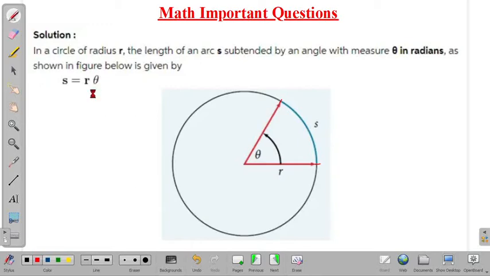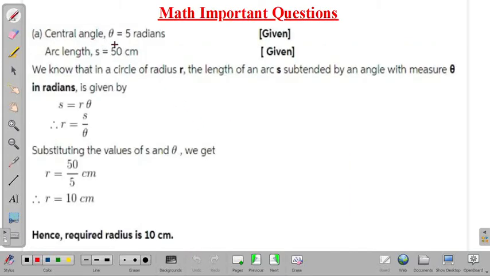Okay, so in part A, theta is given in radian only, that is, central angle theta equal to 5 radians, and arc length s is equal to 50 centimeter. So as we know, arc length will be equal to r times theta, where r is the radius and theta is the central angle.